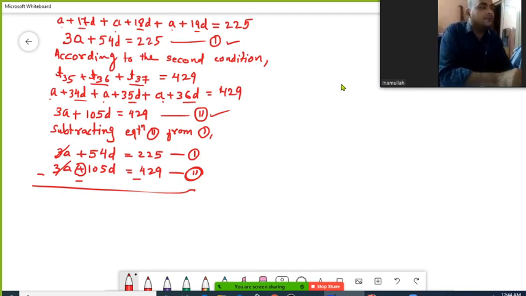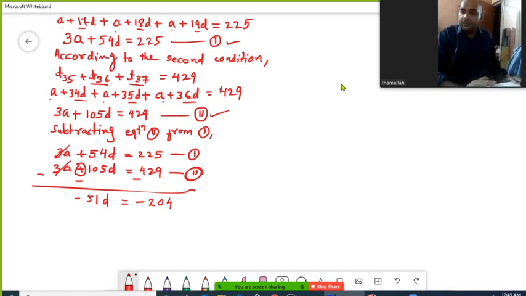When you subtract 54 from 105, you will get 51D, and we take the sign of the greater number, so minus. In the same way, positive 225 and negative 429 gives minus 204. So minus 51D is equal to minus 204.